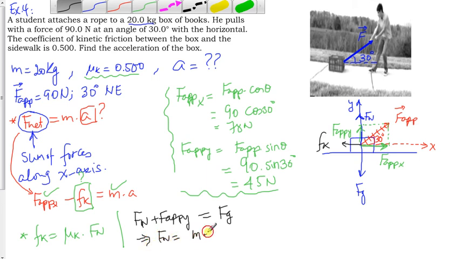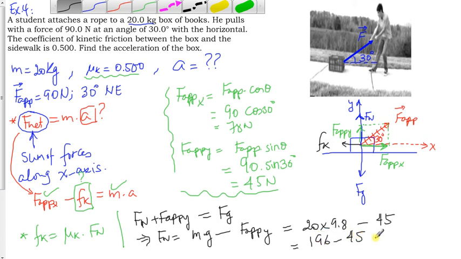So Fn is equal to Fg, which is m times g, minus F applied y. So it's 20 times 9.8 minus 45. So 196 minus 45. So Fn is equal to 151. Okay?